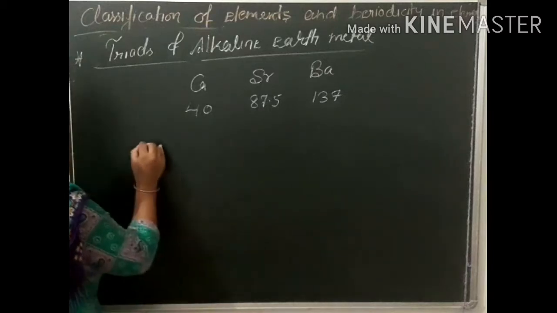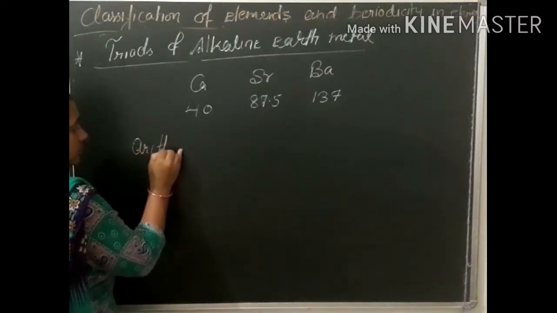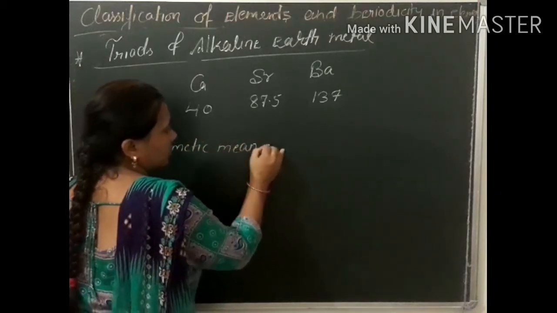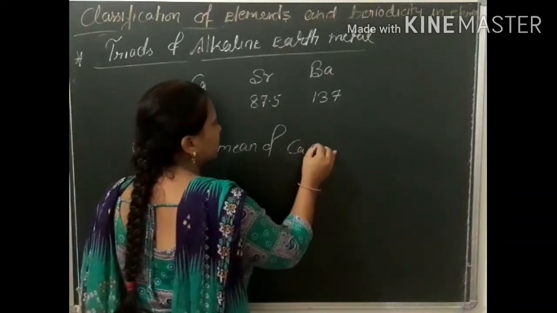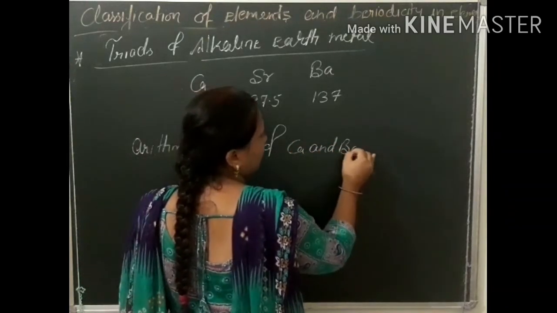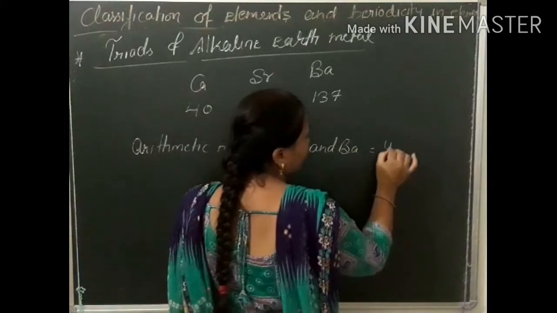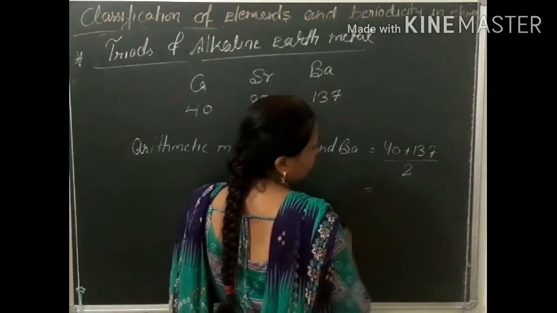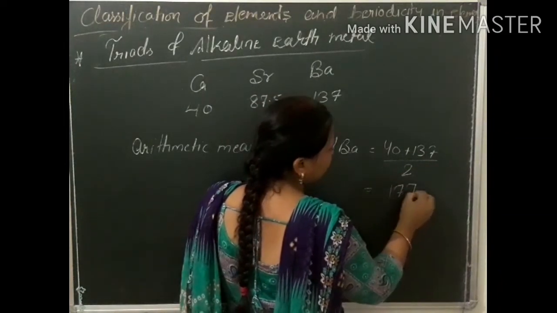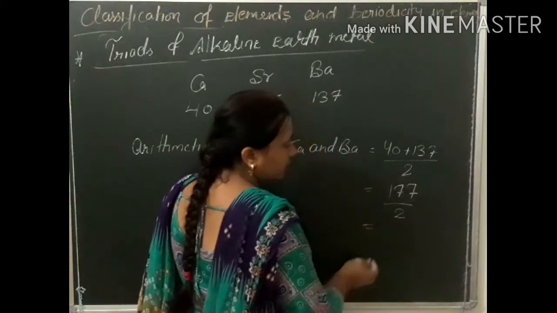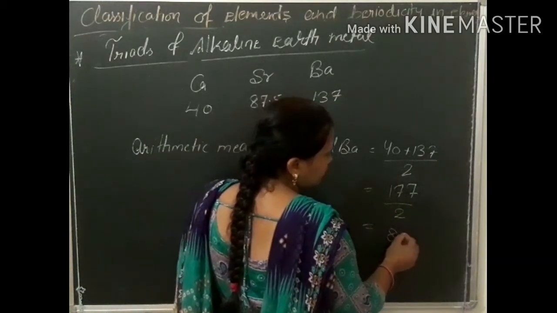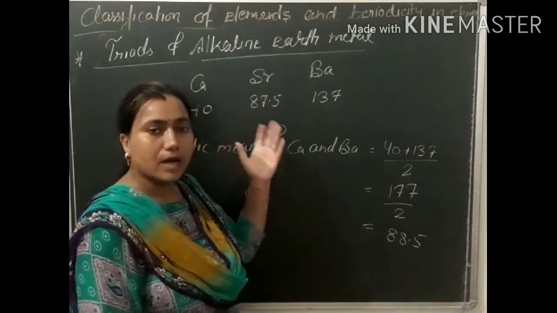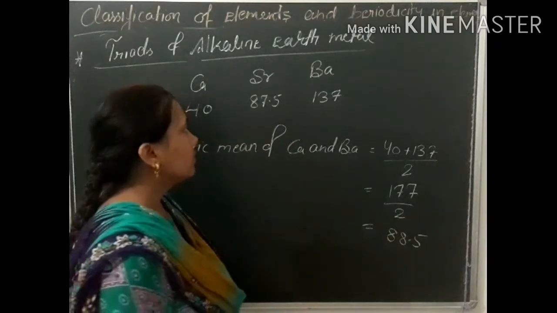Now the arithmetic mean of calcium and barium is equal to 40 plus 137 divided by 2, that is 177 divided by 2, which is equal to 88.5, which is nearly equal to the mass of the middle element.